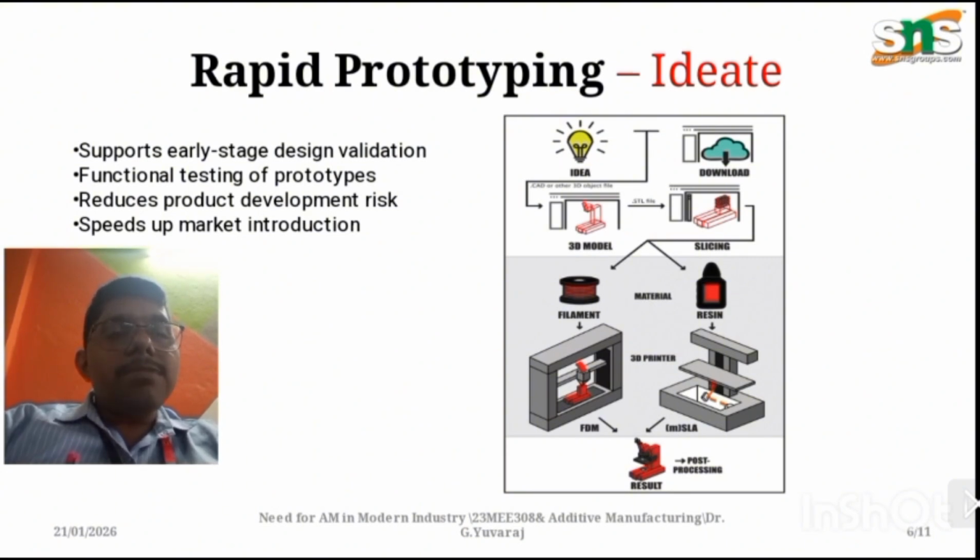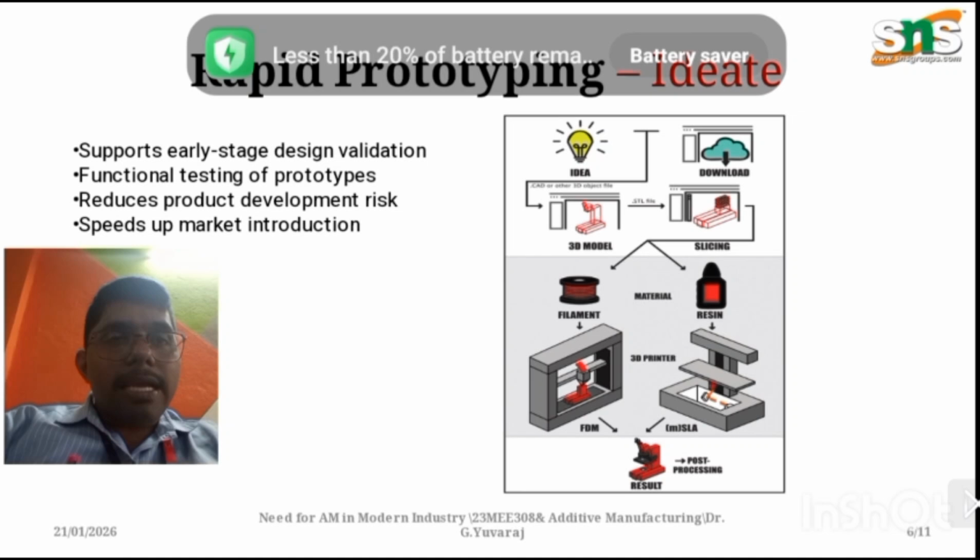The filament gets melted, both the filament and the resin are transformed, and following that the part starts manufacturing. Once the part has been manufactured, the final post-processing work is done, as you have seen at the bottom of the slide.